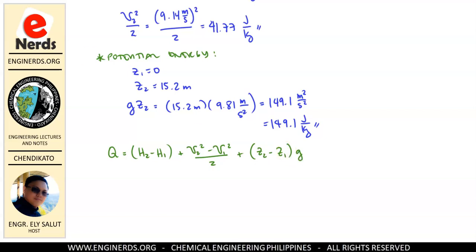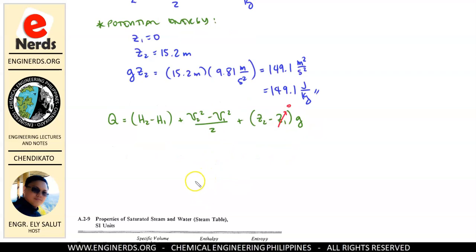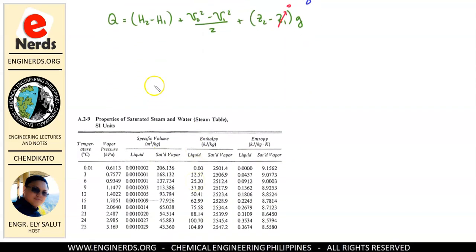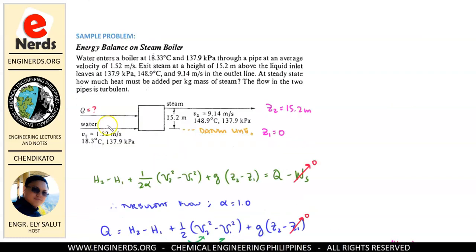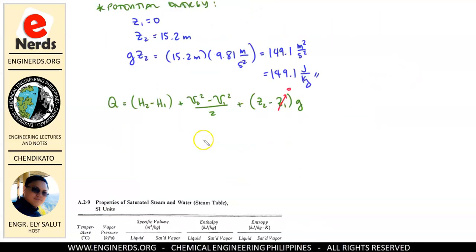But of course, we already know that our Z1 is equal to 0. So, substitute natin mamaya yung ating values dyan. But first, we need to get the value of our enthalpy dito sa ating entry and exit stream. Kailangan natin makuha yung H1, which is our enthalpy here sa entry, and H2, which is our enthalpy dito sa exit.